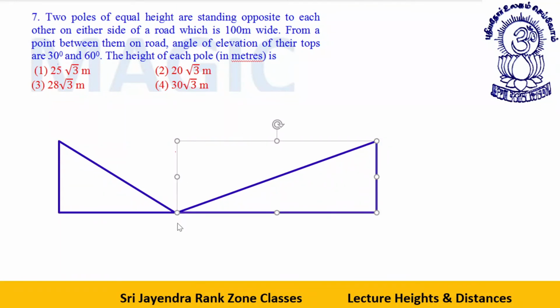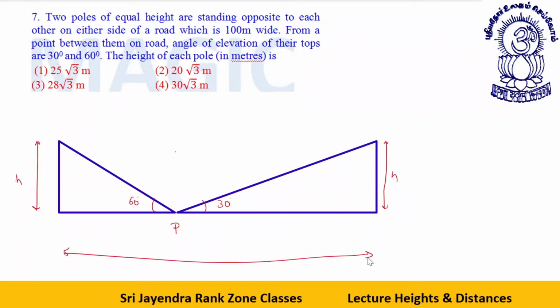This is the point we are talking about, let's say P. These are the poles. Pole 1, this is height H. This is also height H. One angle is given as 60 degrees, the other angle as 30 degrees. This is the entire road. This road is 100 meters.